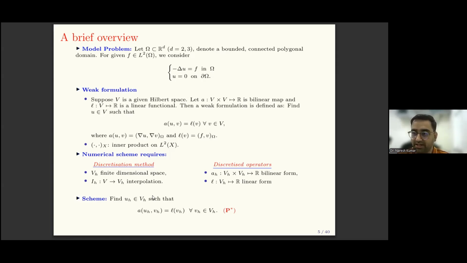And then we define a scheme. Suppose we have chosen the bilinear map, the finite dimensional space, and the interpolations. Then we can define the numerical scheme. We are looking for u_h instead of u, so the solution should be in the discrete space V_h, and it should satisfy this equation, P star.